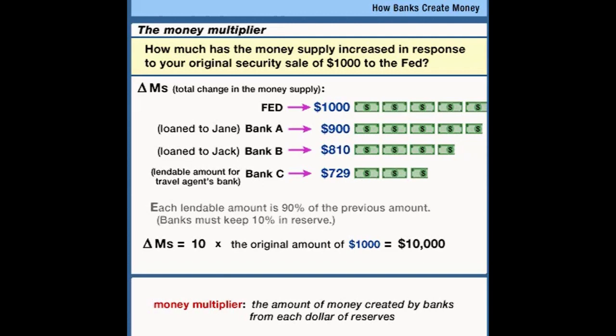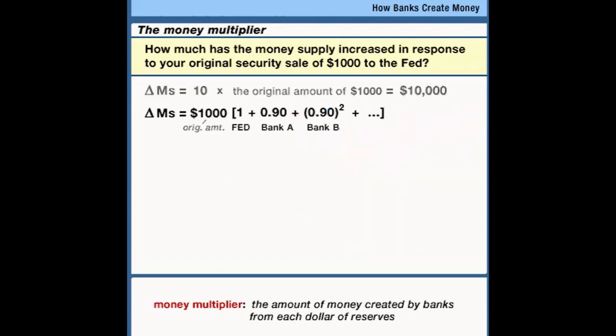And anytime you've got a geometric sequence like this, it has an easy, simple expression. It's 1 over 1 minus whatever this term is. In this particular case, it's 1 over 1 minus the fraction that banks are allowed to lend. And the fraction that banks are allowed to lend is 1 minus the required reserve ratio. In our case, the required reserve ratio is 10%, so the fraction that banks are allowed to lend is 90%.